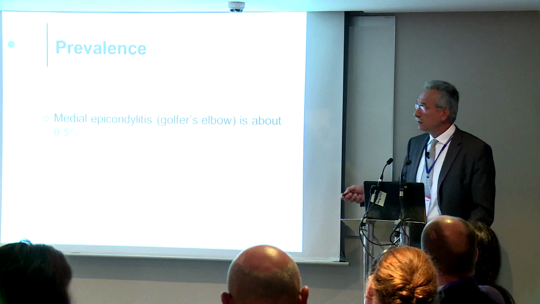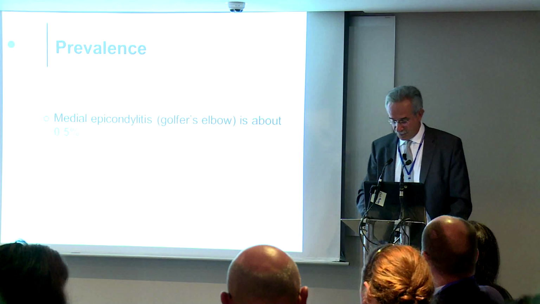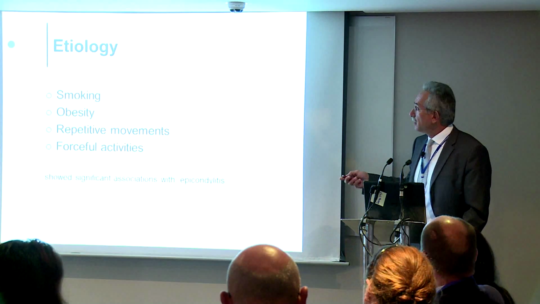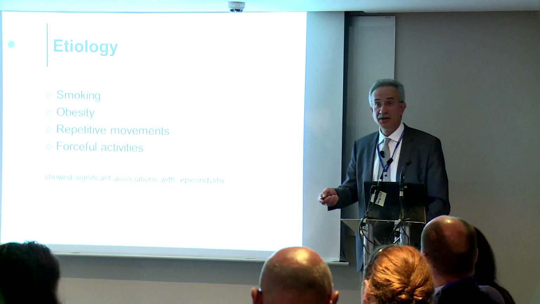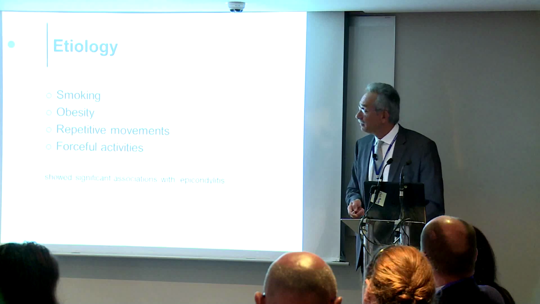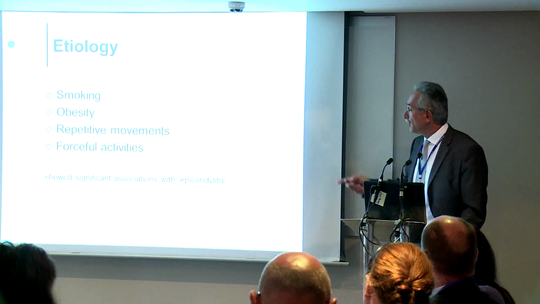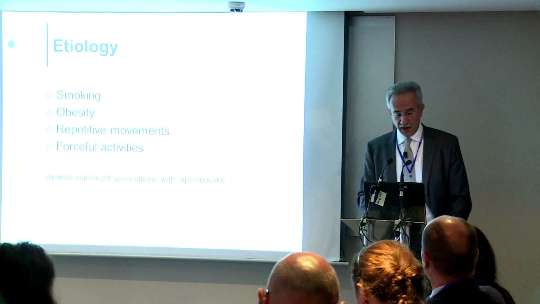As I told you, medial epicondylitis is much less common. So, what is the etiology? You already heard about smoking from the previous speaker, obesity, repetitive movements, and forceful activities. All of these showed a significant association with lateral epicondylitis.